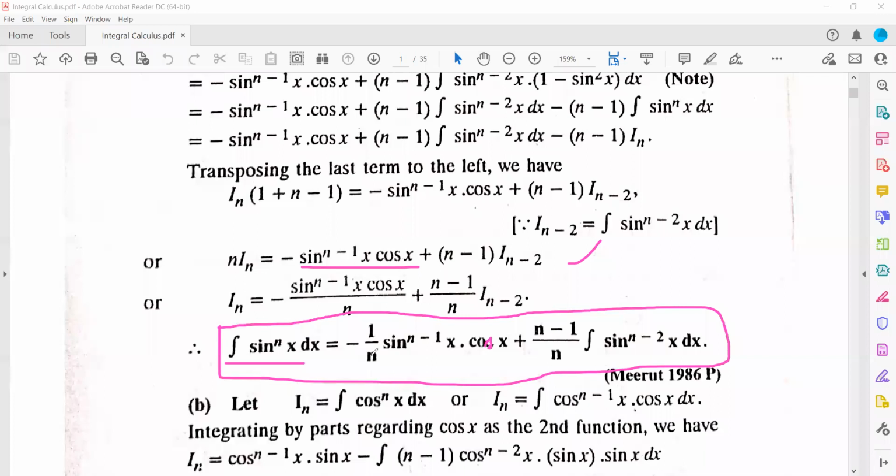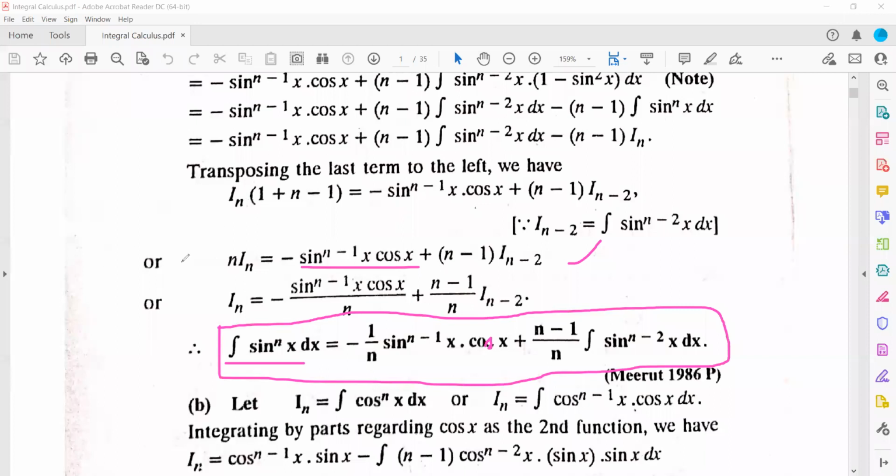Similarly, in a similar fashion, as you have got the reduction formula for sine to the power n x, you can find out the reduction formula for cos to the power n x dx. How?